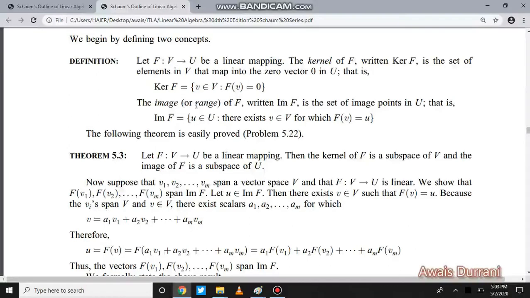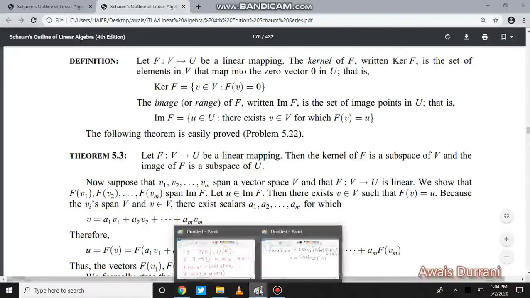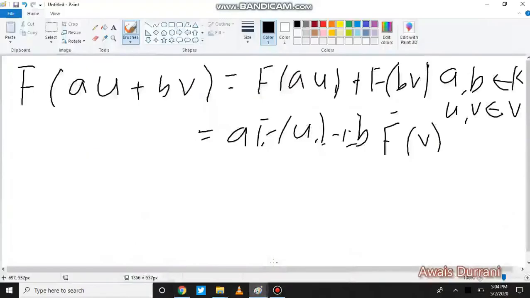So it's in a similar way. If I have a mapping f from V to U, then image of f is the set of all those elements of U for which there exists some element in the first set which is mapped by the linear transformation f. I should explain it over here in a separate sheet so that you can understand easily.